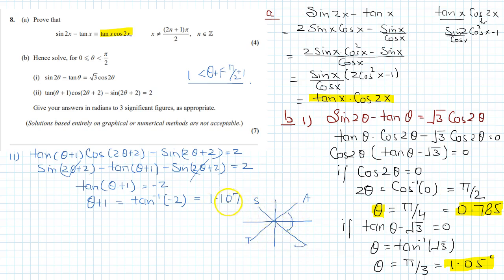So theta plus 1 will be, we have up to pi over 2 and plus 1 means it's in the second quadrant. So we have this angle.